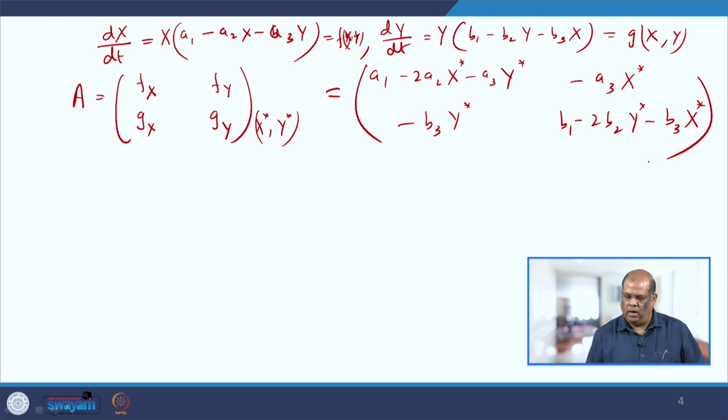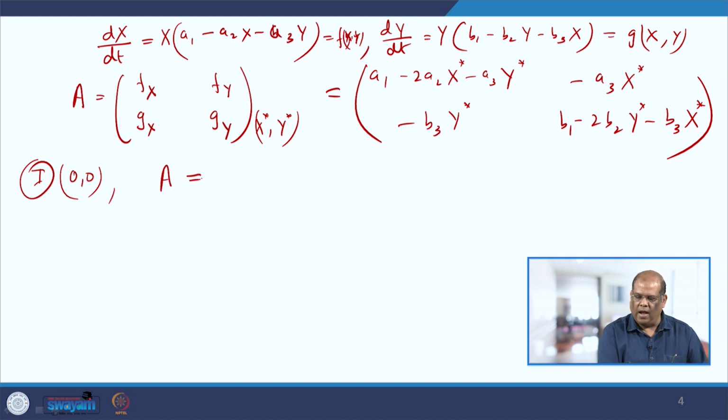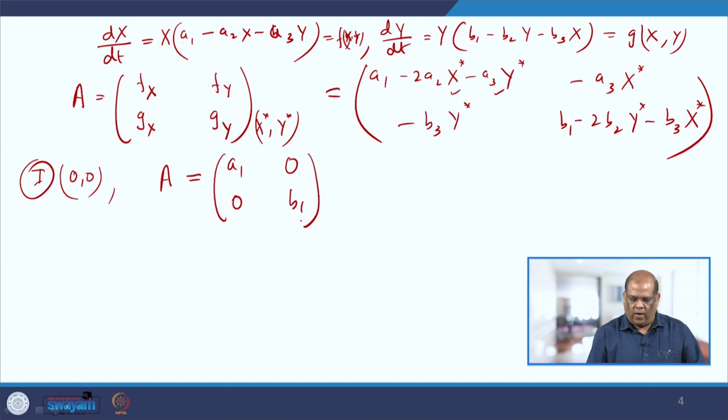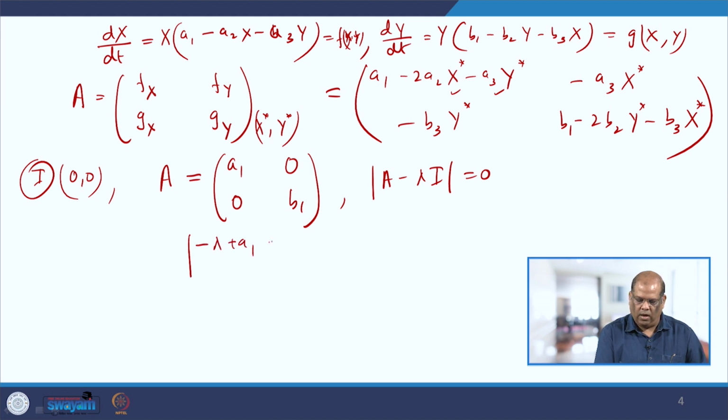Now, let us take each of the equilibrium points. Say number 1, 0, 0. So, I substitute 0, 0 here and I get the value of A to be a1, this vanishes, this also becomes 0, this also becomes 0, this is b1. If I want to find the eigenvalue, this will give me minus lambda plus a1, 0, 0, b1 minus lambda, and this gives me lambda equal to a1 and b1.